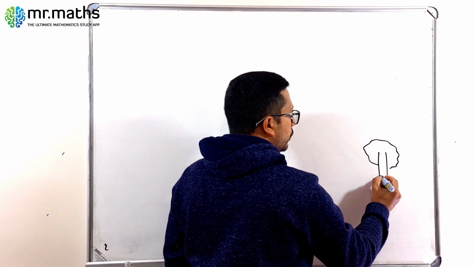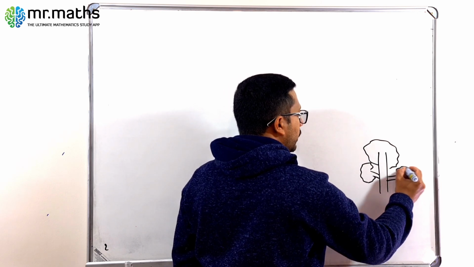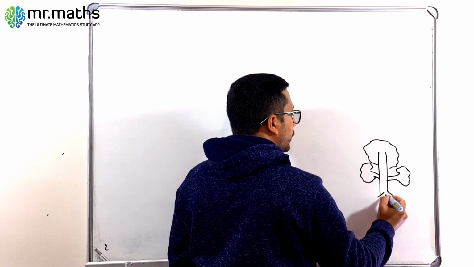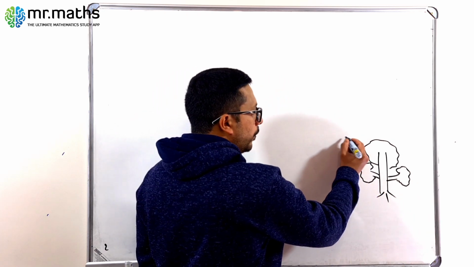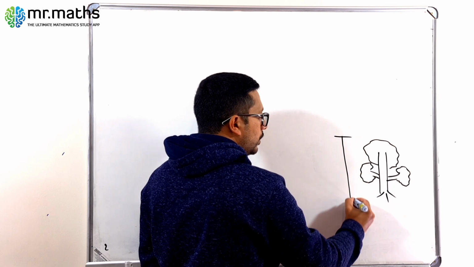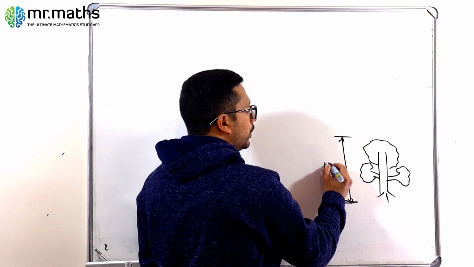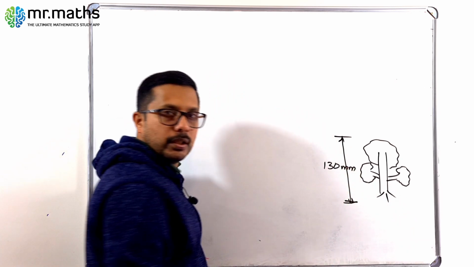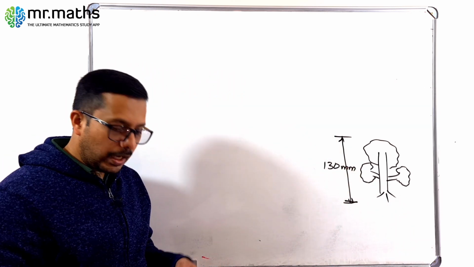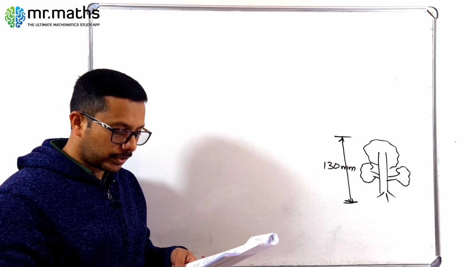Sorry, I'm not good at drawing. Assume this is the tree that Chris bought. When he bought it, the height of the tree is 130 millimeters. Then each year the height increases like this.